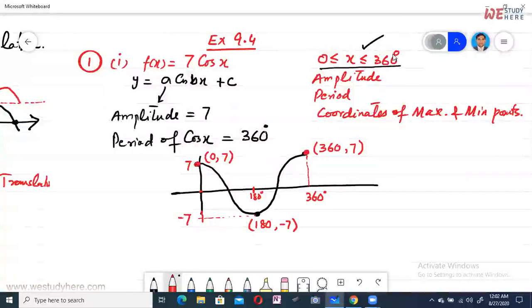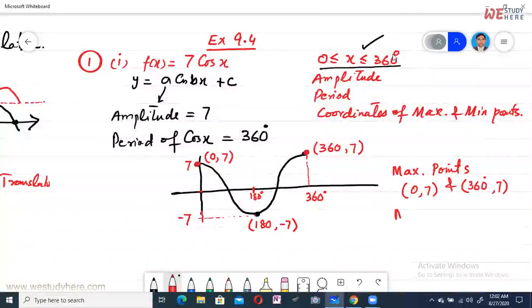It means there are 2 maximum points and 1 minimum point. The maximum points are (0, 7) and (360 degrees, 7). The minimum point is (180 degrees, -7). This is the answer.